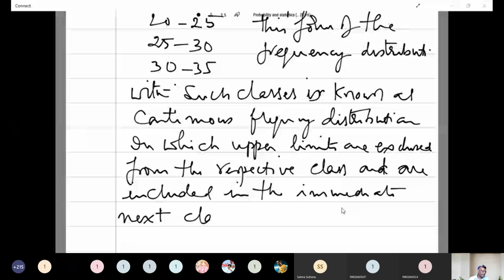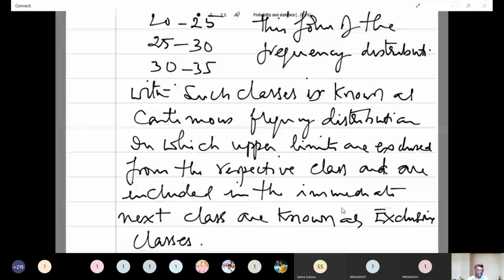This is very, very important while studying this: what is inclusive, what is exclusive. Is it clear?